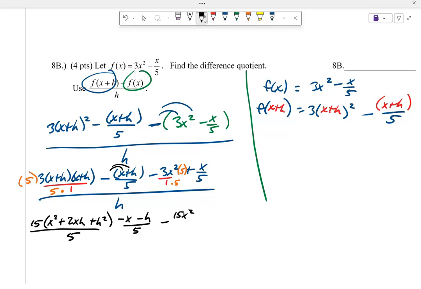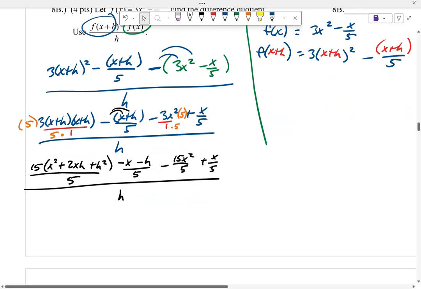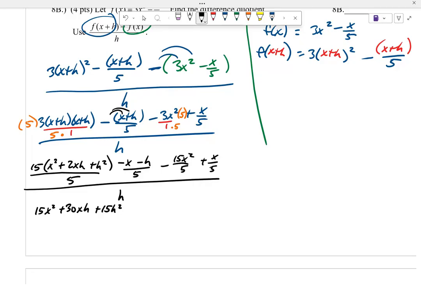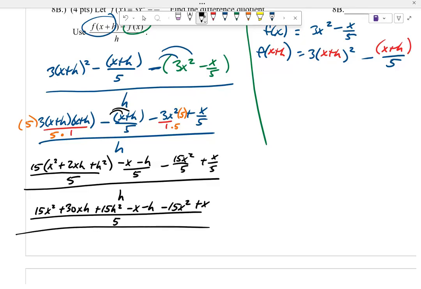Minus 15x squared over 5, and plus x over 5. And this is all over h. So we've got 15x squared plus 30xh plus 15h squared minus x minus h minus 15x squared plus x, all over 5, and this is all over h.